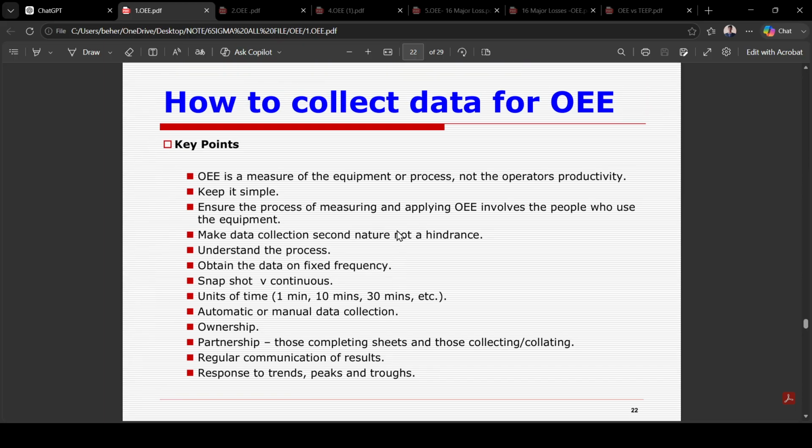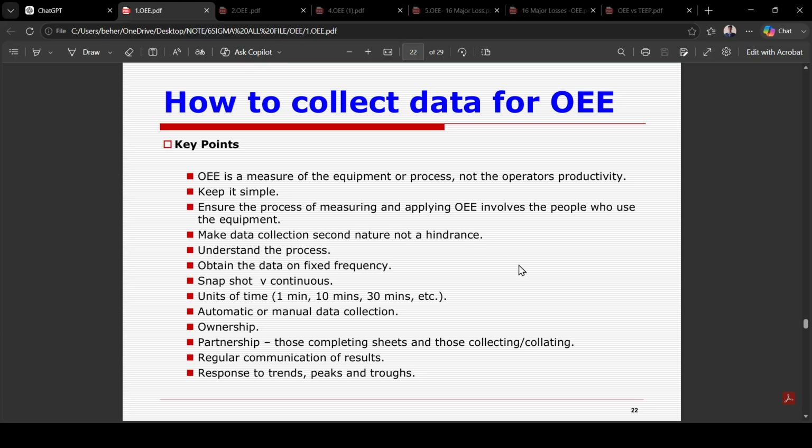So key points: OEE is a measure of the equipment or process, not the operating productivity. Keep it simple. Ensure the process of measuring and applying OEE involves the people who use this equipment. Make data collection second nature, not a hindrance. Understand the process.